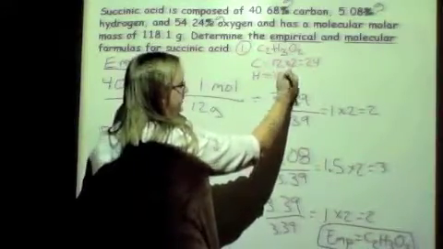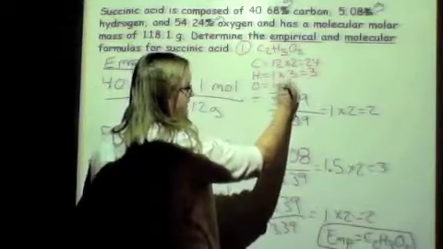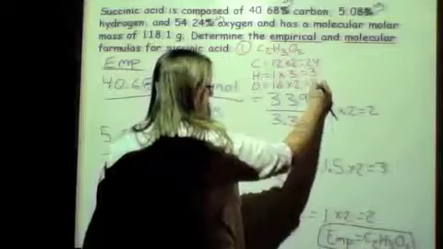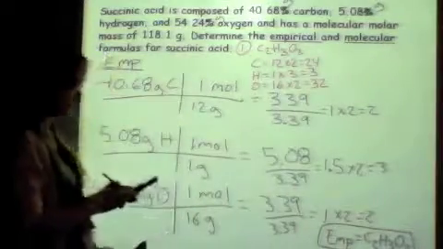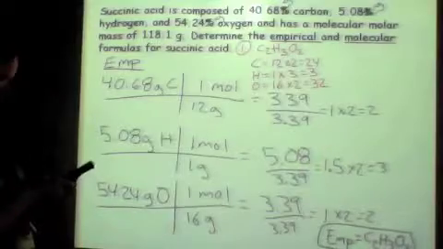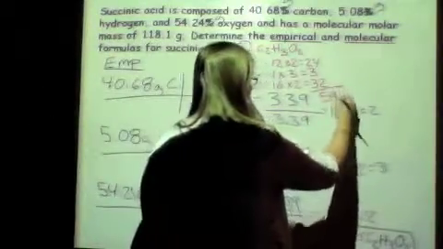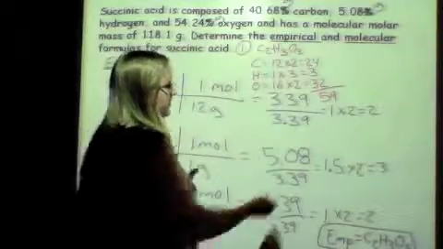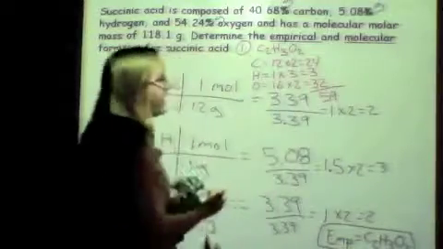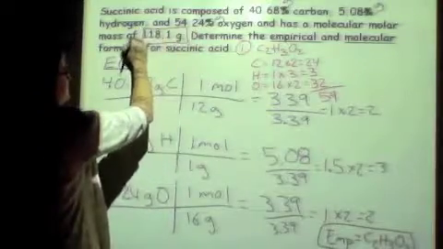Hydrogen is 1 times 3, which is 3. Oxygen is 16 times 2, which is 32. 24 plus 3 plus 32 gives you 59.